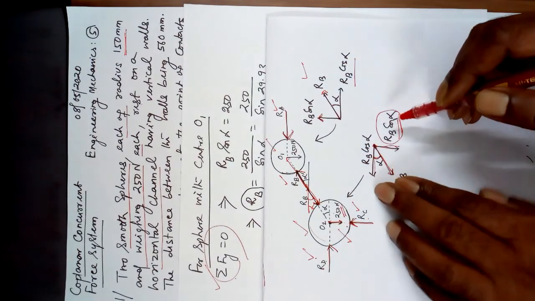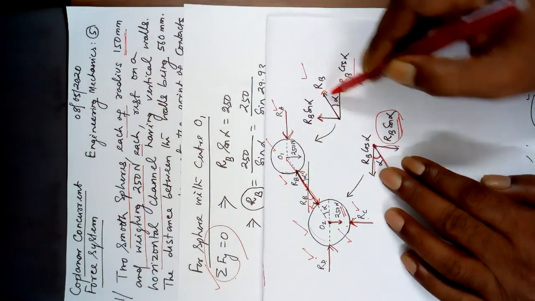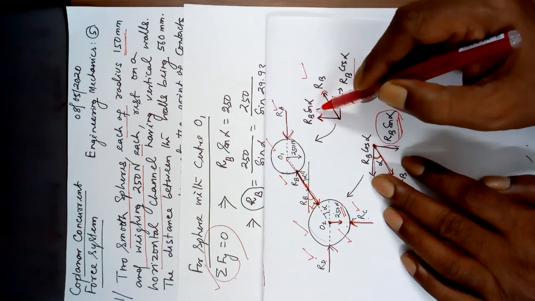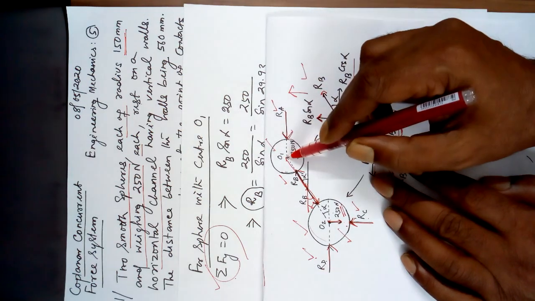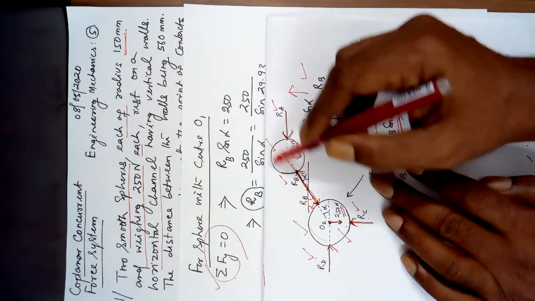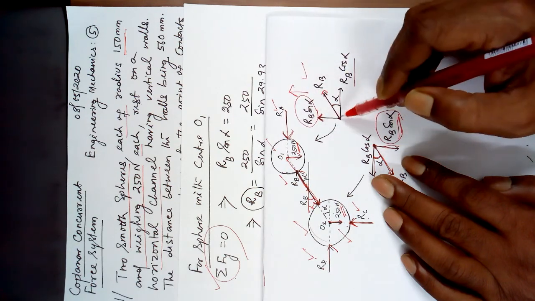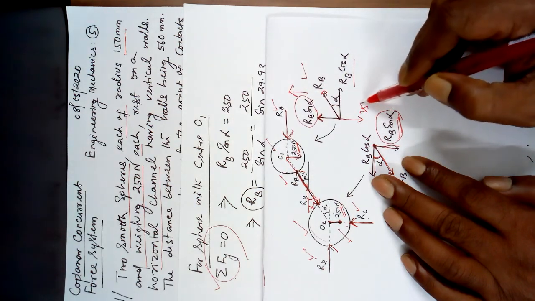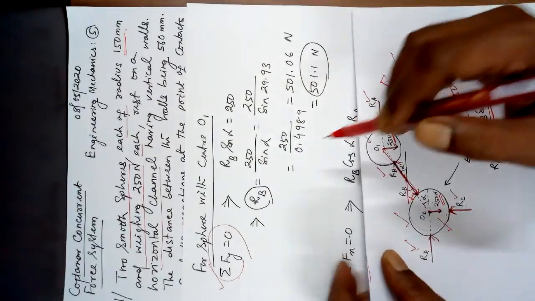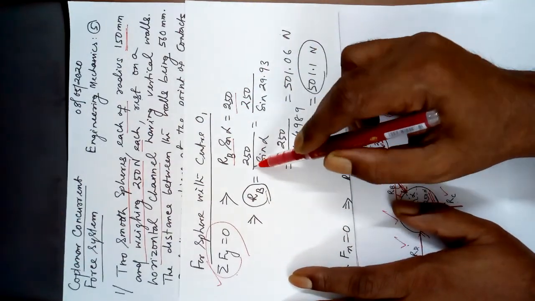For this point, the reaction force RB sin alpha is along the y axis, and its weight is vertically downward, that is 250 Newton. It is neither going up nor coming down, so RB sin alpha balances your 250 Newton. So your RB sin alpha is 250, so RB is equal to 250 over sin alpha.